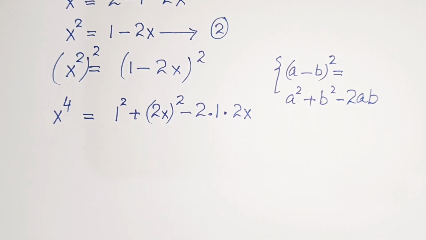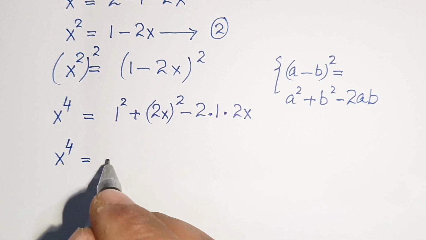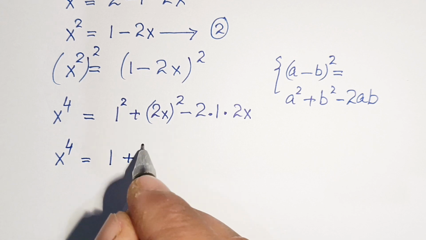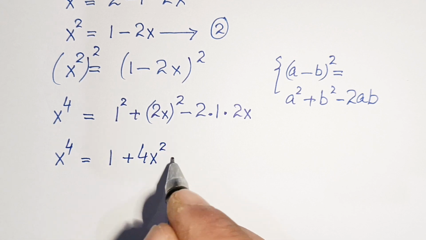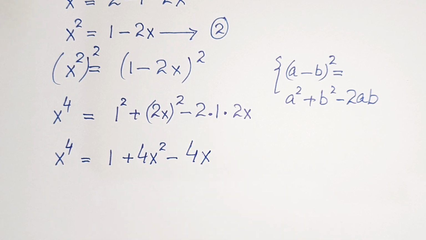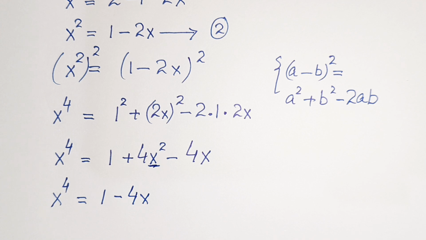Now our next step will be x to the power 4 is equal to 1 squared is 1 plus 2x whole squared will be 4x squared and minus 2 times 2 is 4x. So here we have x to the power 4 is equal to 1 minus 4x plus 4x squared.